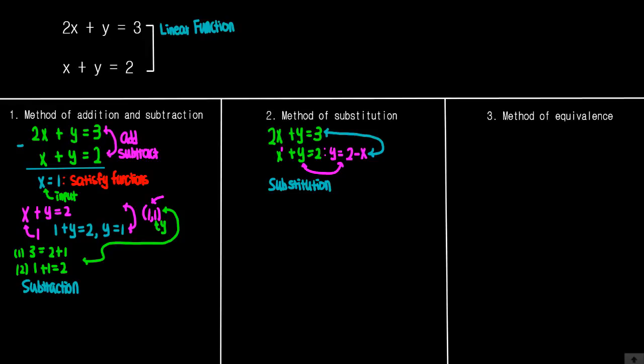And the most important thing when applying simultaneous equations is that we always need to remove the variables. If we apply it, we're going to get 2x plus y, but instead of y, we input 2 minus x. So it is going to be 2 minus x, and that is equal to 3.